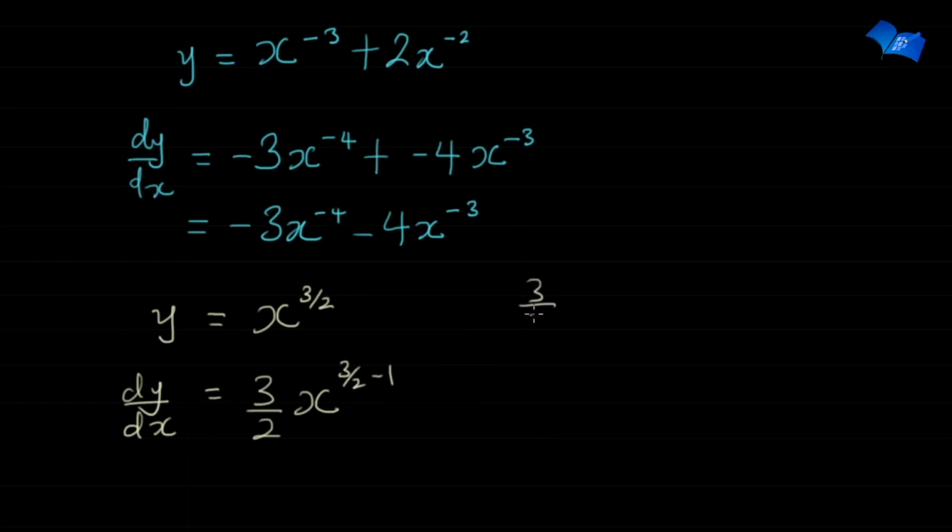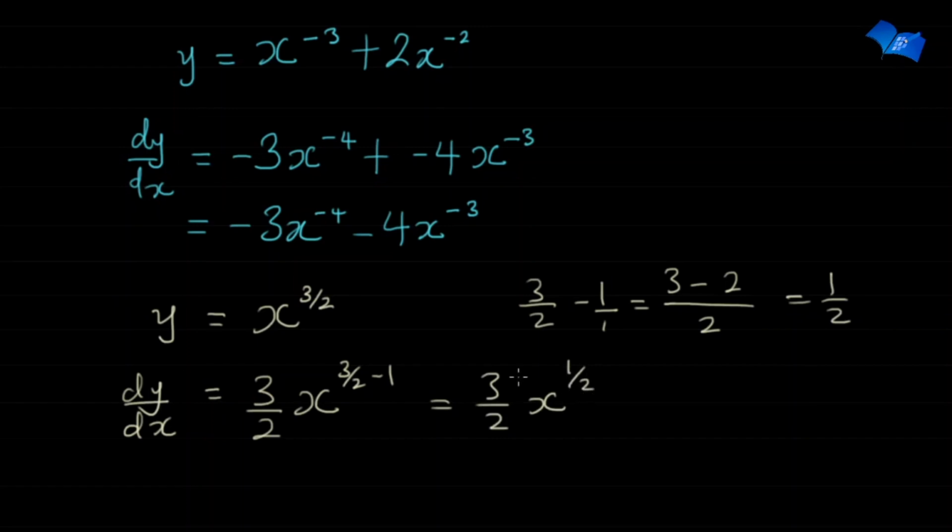Now 3 over 2 minus 1, this 1 over 1, the LCM is 2, so this will be 3 minus 2 over 2, so it will be 1 over 2. So this is equal to 3 over 2 x raised to power 1 over 2. So you can see that the power rule applies for positive powers, for negative powers, for fractional powers, right?